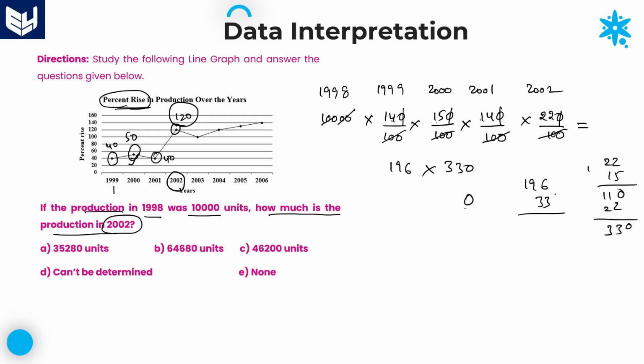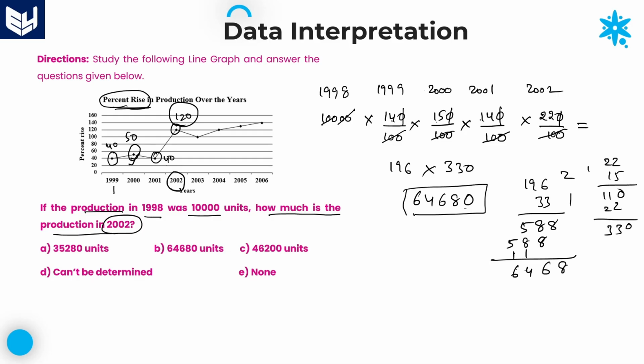196 into 33. Here 6 threes are 18, and next 3 nines are 27 plus 1, 28, and next 3 ones are 3 plus 2, 5, and then the same values will come again, because the next number is also the same. Now you can add all the values. Here it is 8, and 16, and 13 plus 1, 14, and next 6 4 6 8 0.